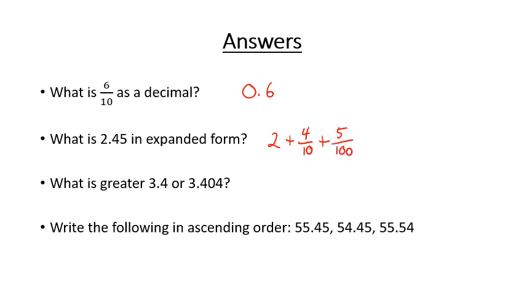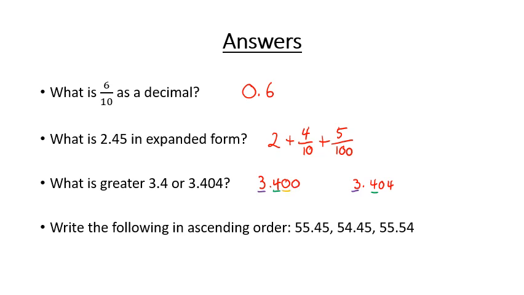In our third question, it says, what is greater, 3.4 or 3.404? If we write these out, we've got 3.400 and 3.404. Compare the first digits, they're both 3s. Compare the second digits, they're both 4s. Now remember, if there aren't any digits afterwards, we put 0s.